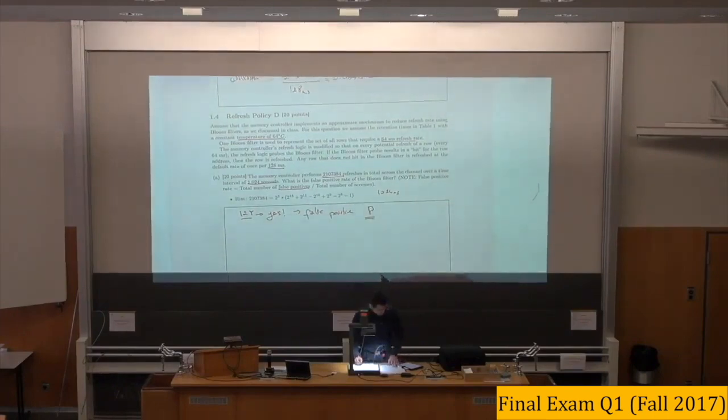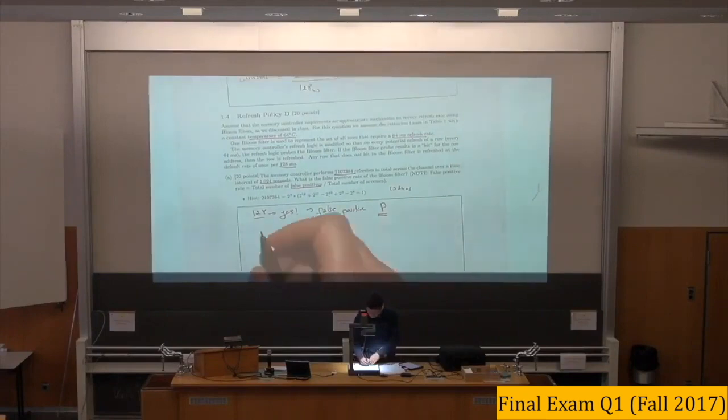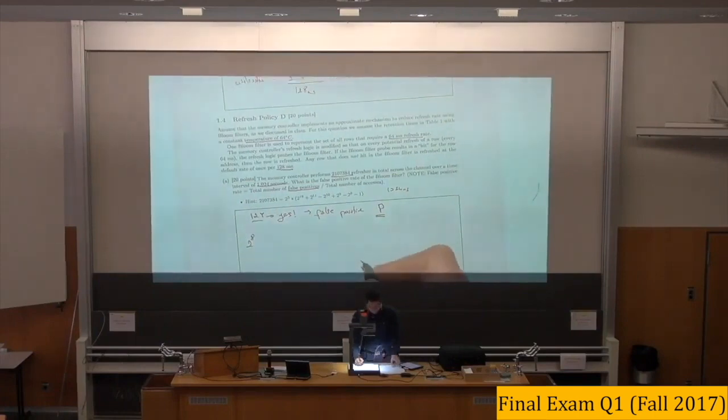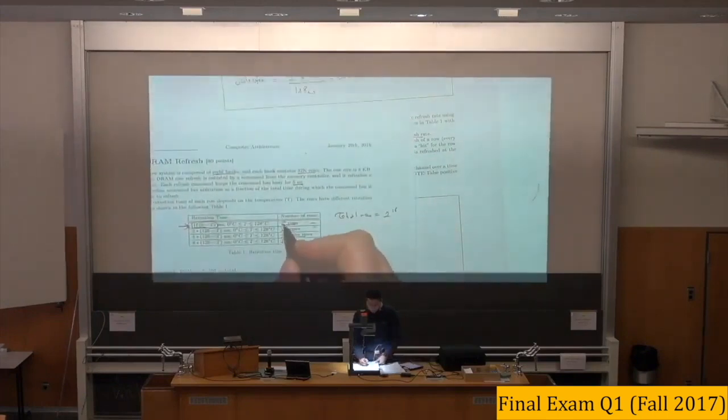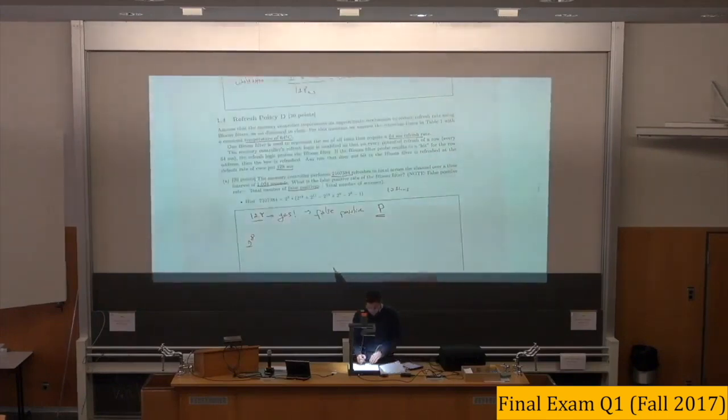Let's write it like this. We have 2 to the 8 rows here that should actually be refreshed within 64 milliseconds. Plus, we have 2 to the 18 minus 2 to the 8.